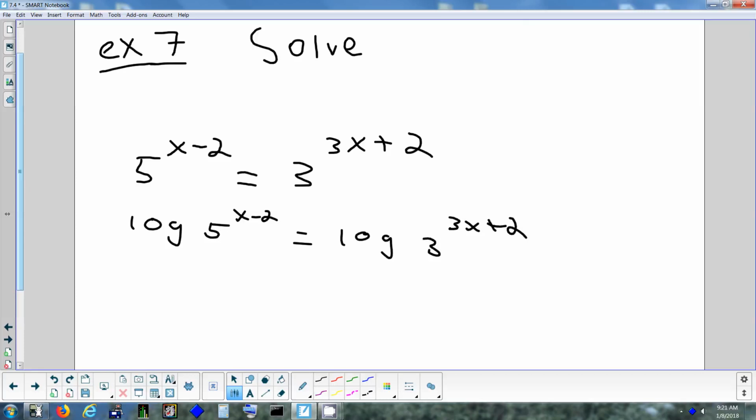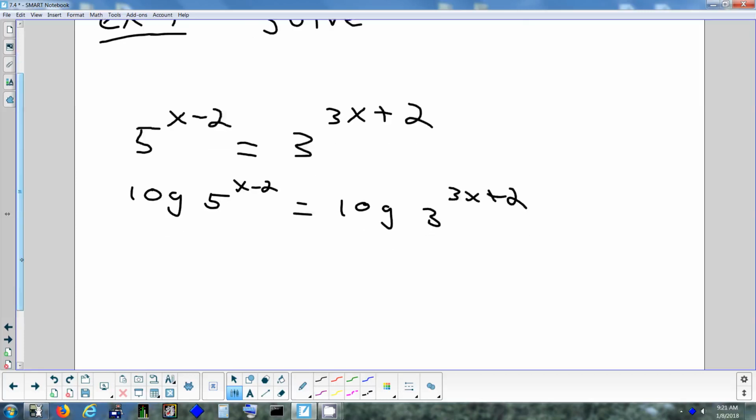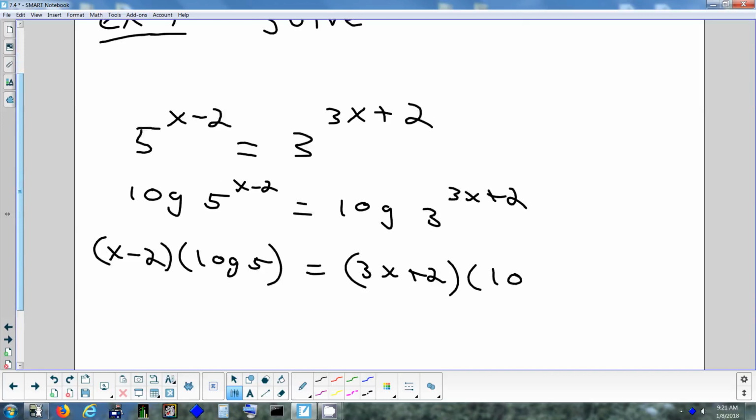Now I can put the exponents in front, okay? Because I have a log on each side. And that's going to get rid of all my exponents. So I have x minus 2 times log 5. And I have 3x plus 2 times log 3.